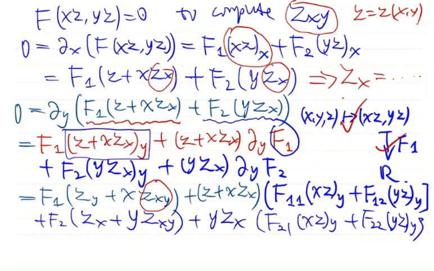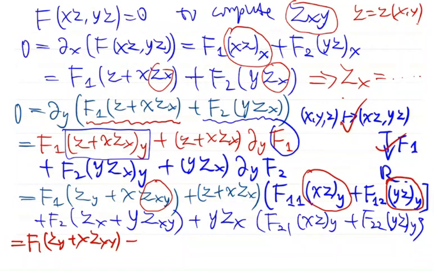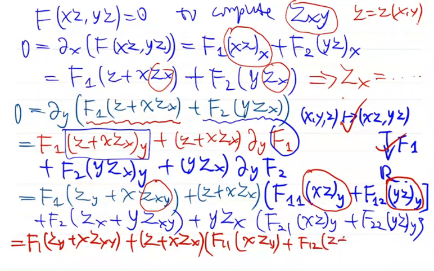Now, in this expression, we have these derivatives and you need to compute these two. So we go forward to get f1 (zy plus x zxy) plus (z plus x zx) times (f11 x zy plus f12 (z plus y zy)).